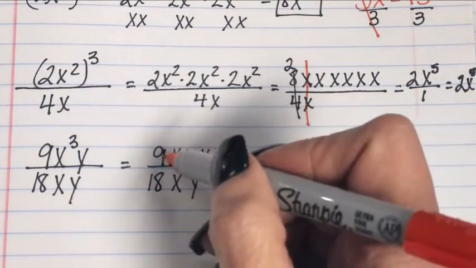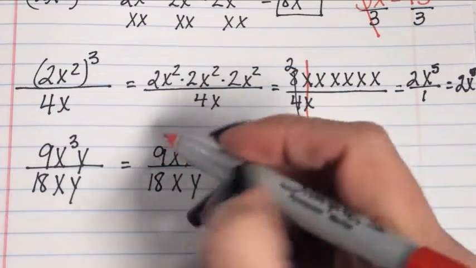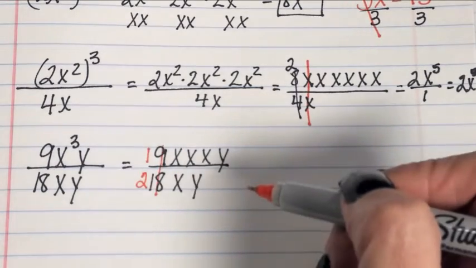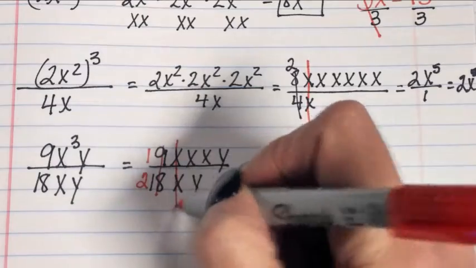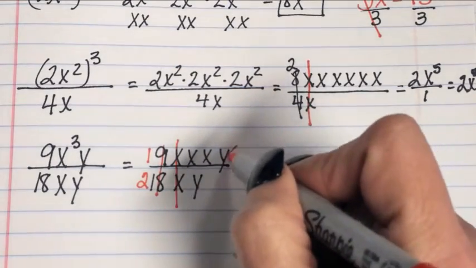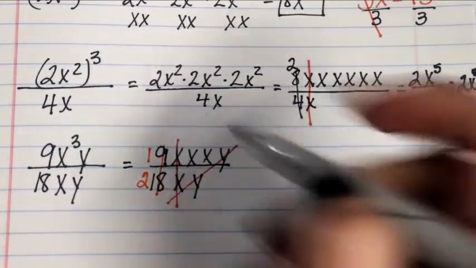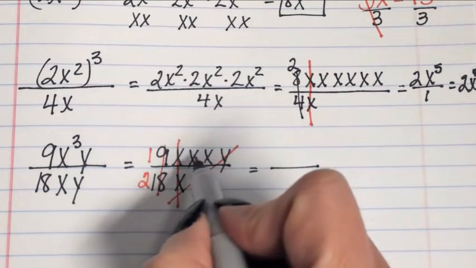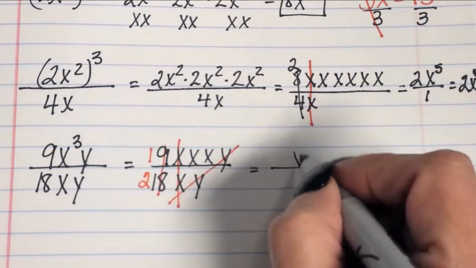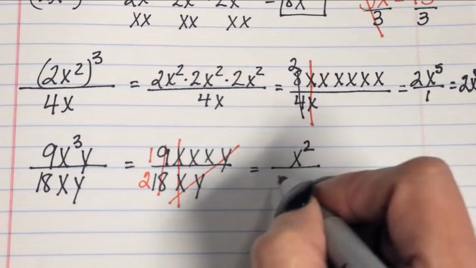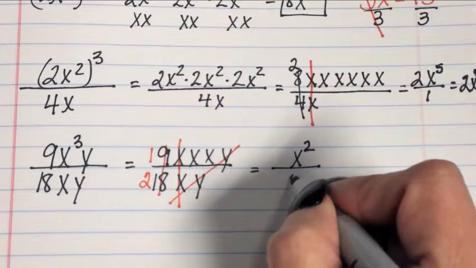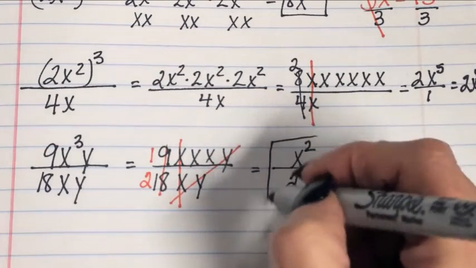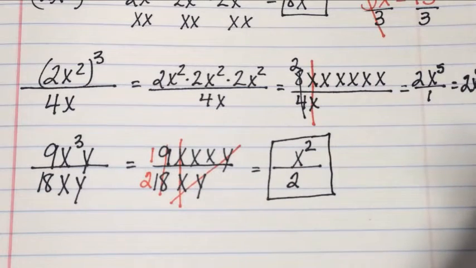All right, 9 and 18, that reduces. 9 over 18 is 1/2. X over x cancels out, and y over y cancels out. So what am I left with? 1, which I'm not going to write, but I have 2 x's, and I still have this 2 on the bottom, and everything else canceled out. So here is my final simplified answer.